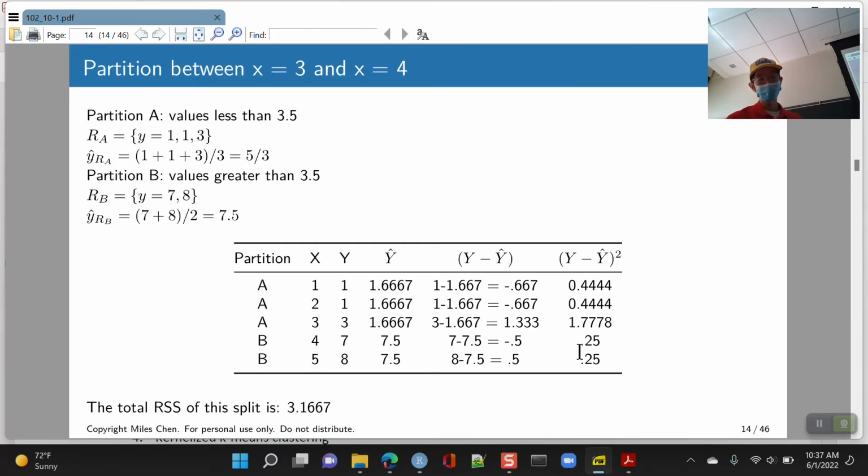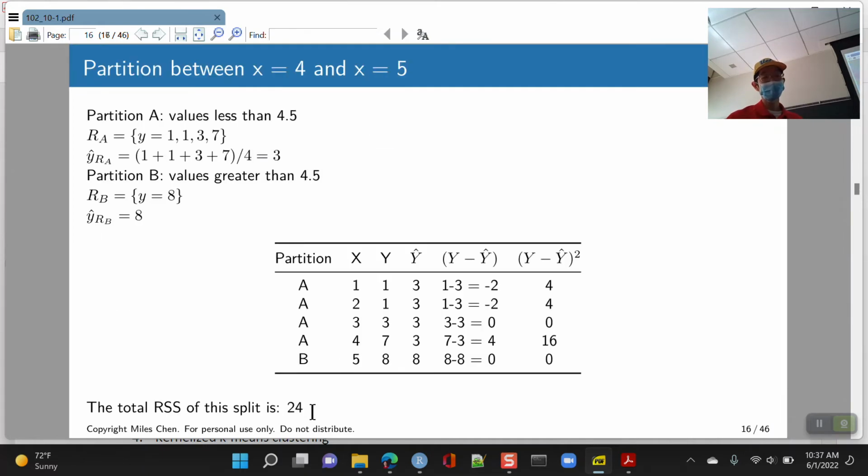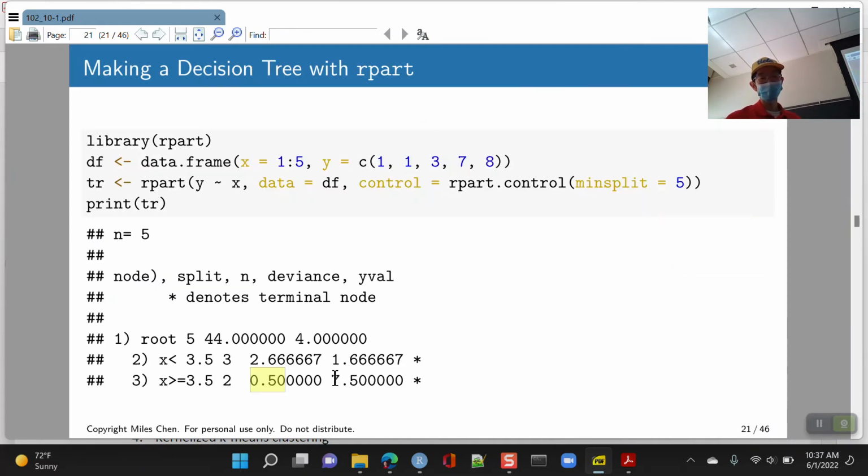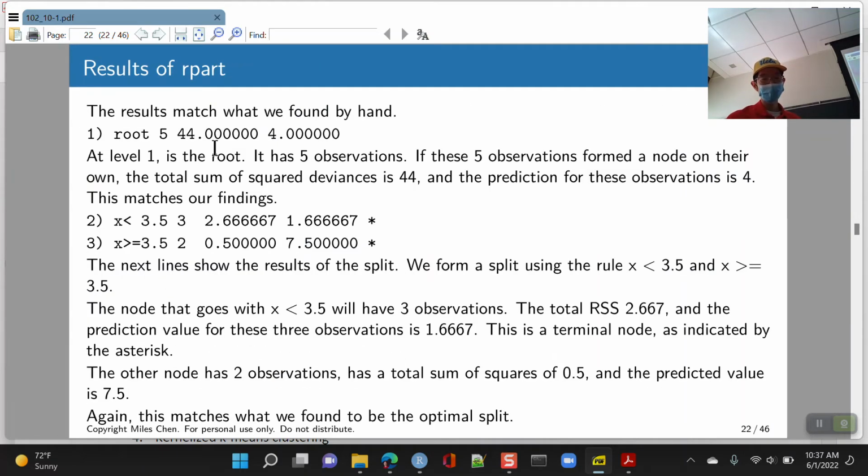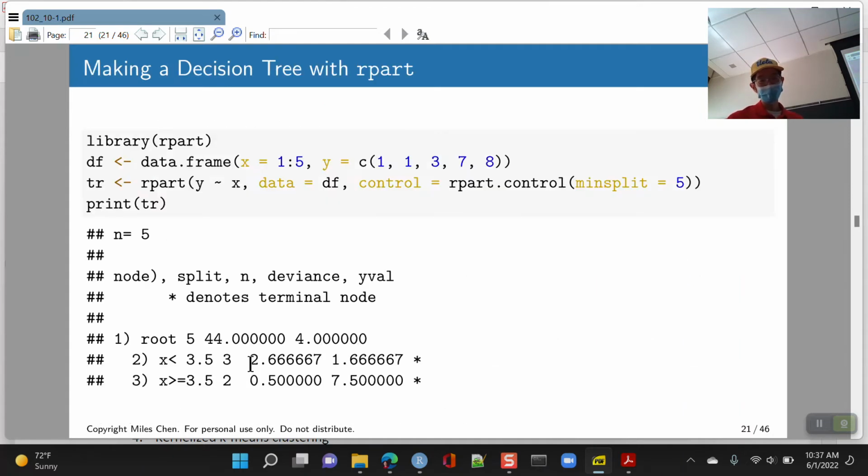We predict 7.5, total squared residuals of 0.5, for a total of 3.1667. So the same results right here. I think I've broken it down onto this slide as well, but that's the output that matches what we got when we did it ourselves.